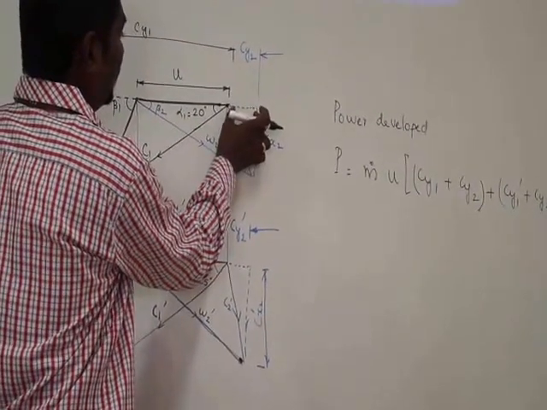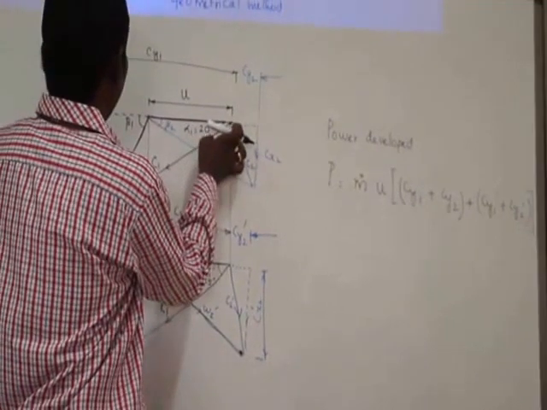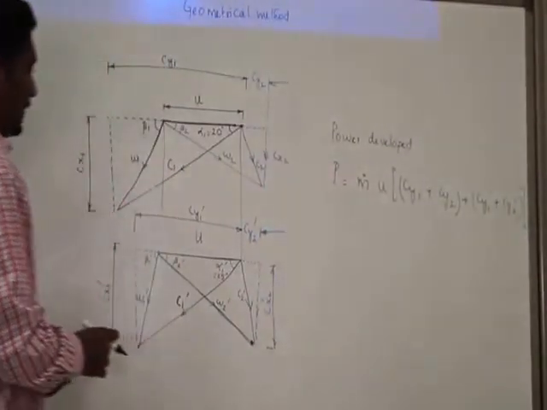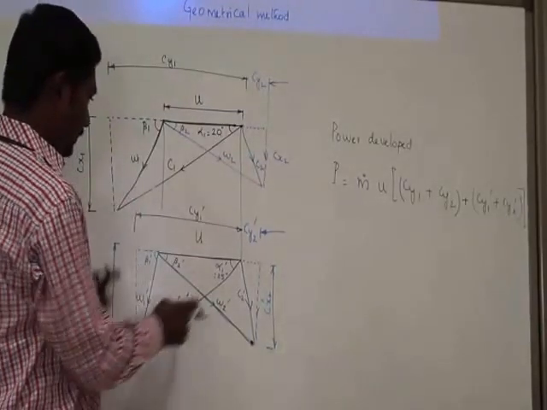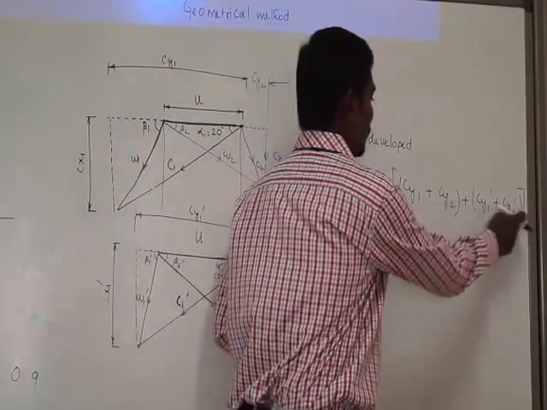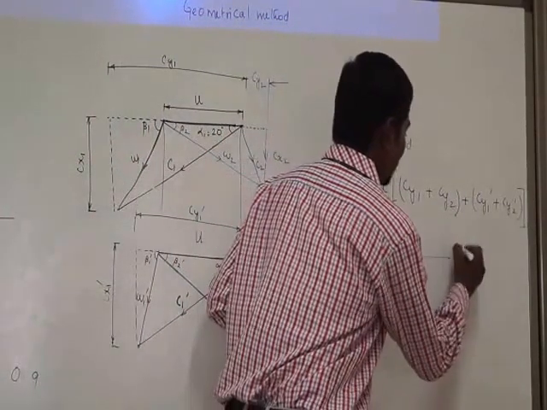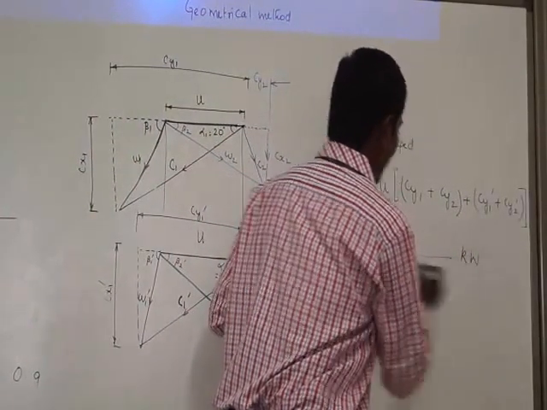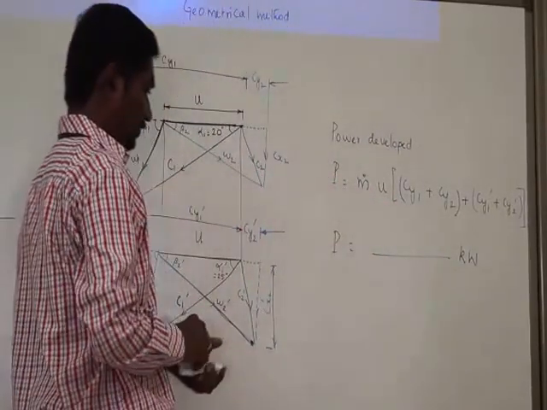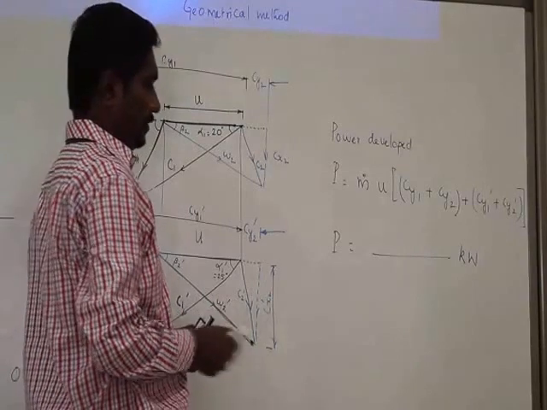We have measured this. This is C2 and this is C1. And from the velocity triangle of the second row of the moving blade, C1 prime and C2 prime. Substitute here and calculate the total amount of power developed by the turbine.